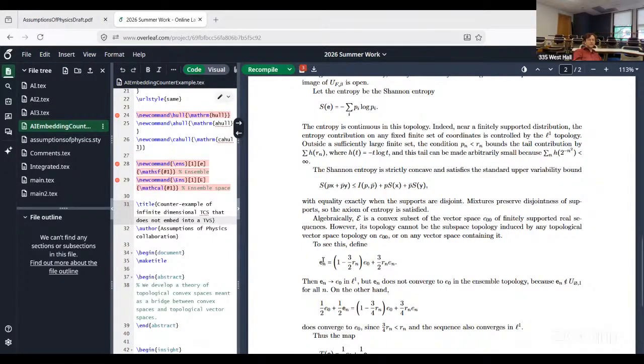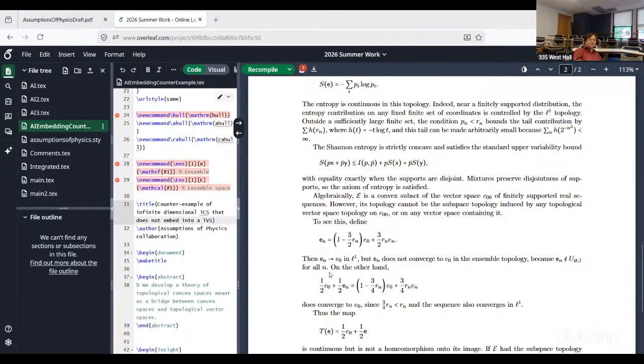So now you have a sequence that essentially does not converge with the topology that we are using to make the entropy continuous. And then what you do is now you make a mixture of these two things, and you get some other sequence. And this does converge to the same thing.